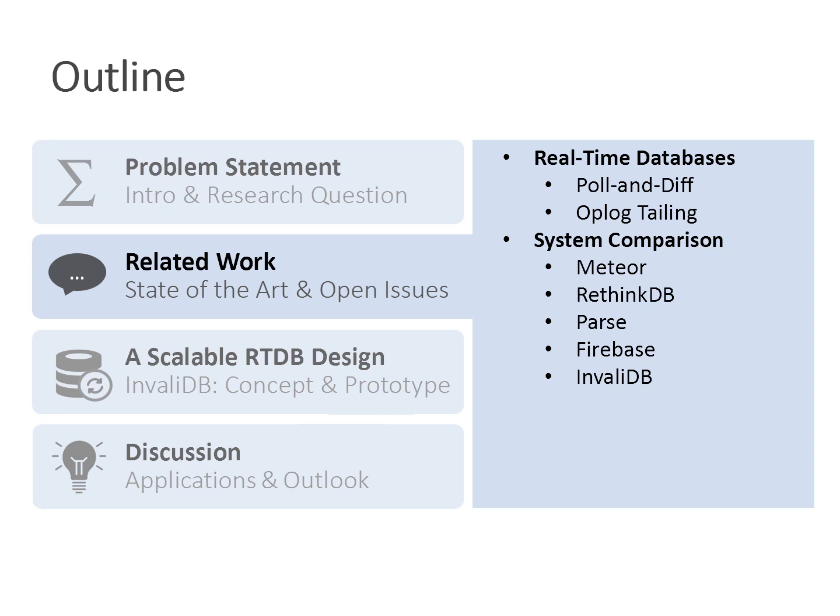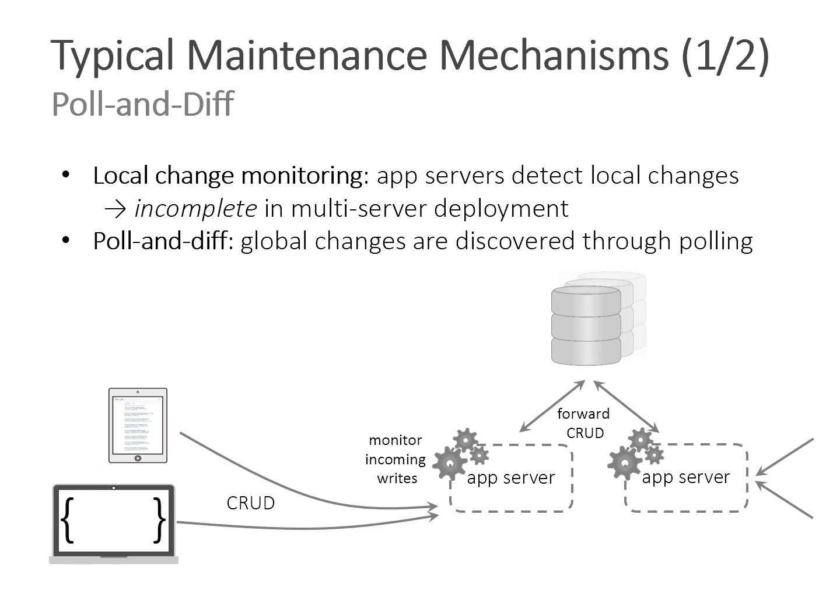Okay, so now we've set the scene for what a real-time query is and why it's difficult to provide. Let's talk about how current technology is addressing this problem. There are 2 prevalent mechanisms for providing real-time queries. One of them is called Poll-and-Diff, and the name already tells you what it does.